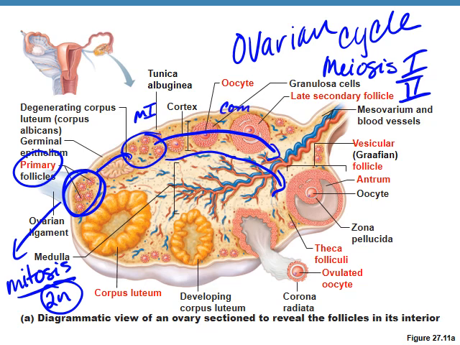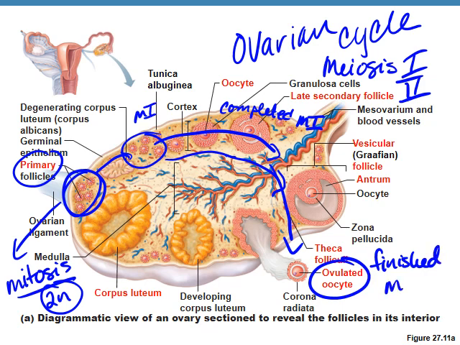We have completed meiosis I. So when this ovulated oocyte comes out, it has finished meiosis I. What's it waiting for to complete meiosis II? We're waiting for the sperm to penetrate. When the sperm penetrates the egg, then we will finish meiosis II.